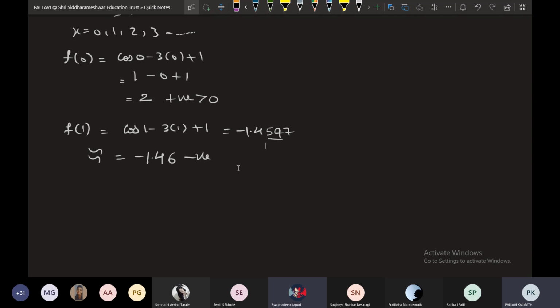Okay, so it is equals to what? Minus 1.46 we consider, which is less than 0. So for two continuous values, we have got f of 0 is equals to positive and f of 1 is equals to negative. So what do you say? Where the root lies?